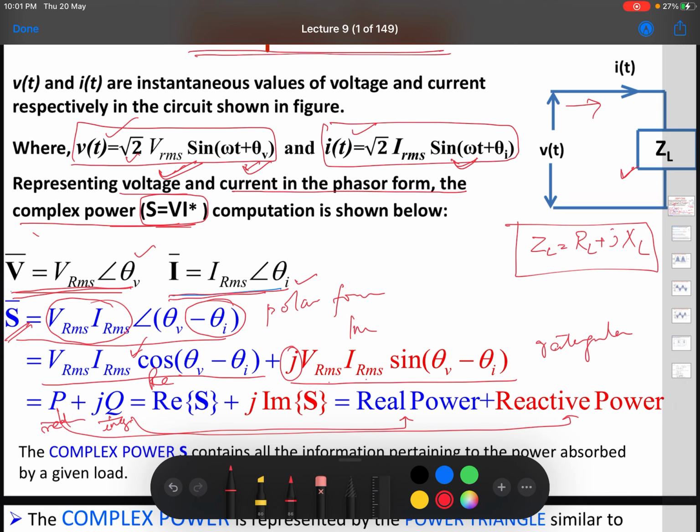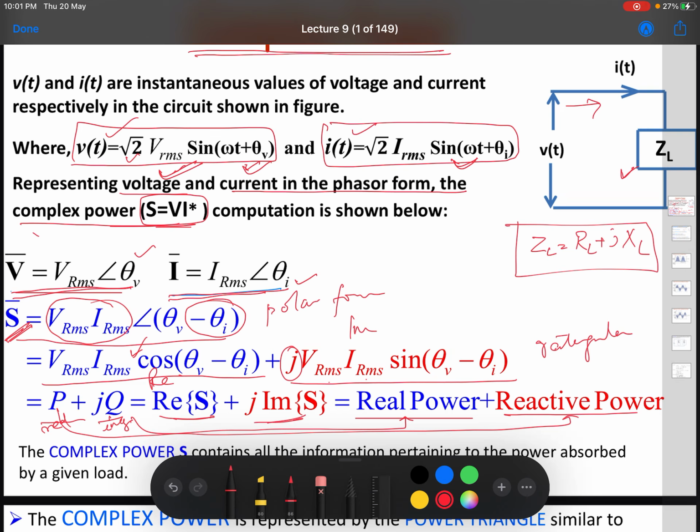That part is called the reactive part or the reactive power. So this power S can be represented as real power, the real part of S, and reactive power, the imaginary part of S.